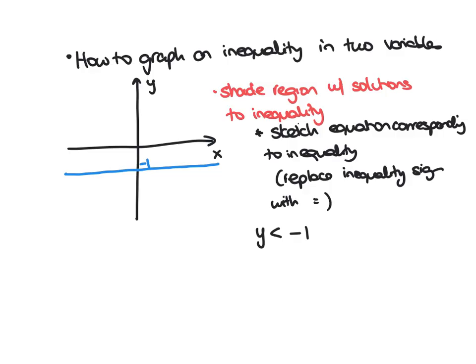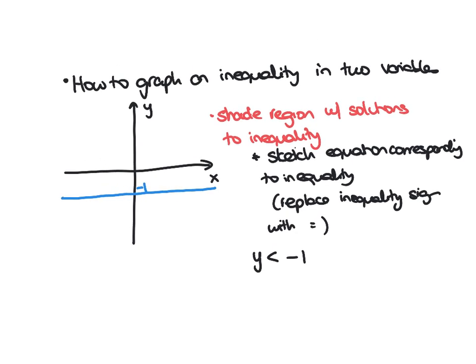Now, if I look at this, then I need to look at points on either side of this line. So I have this blue line, and I have to find a point here and see if it matches the inequality.